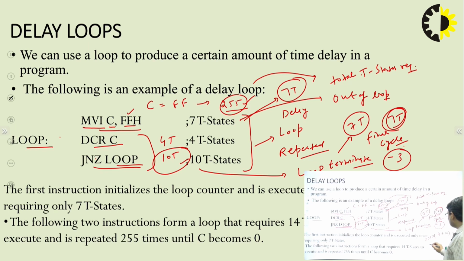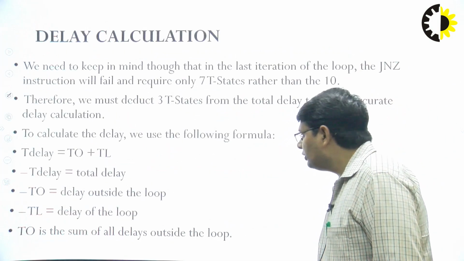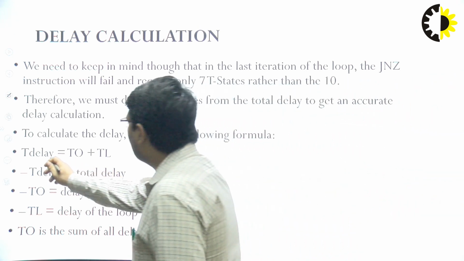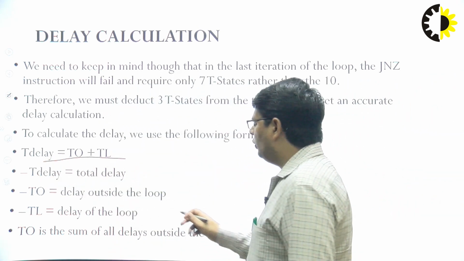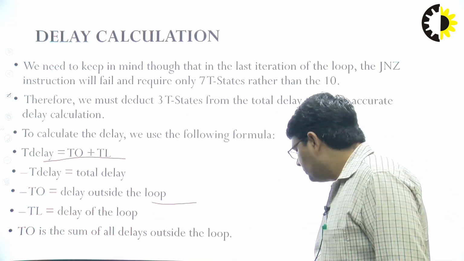Okay, so it will be 255 into 14 minus 3. So we can see that the total delay will be calculated, or total number of T states will be computed in the loop.